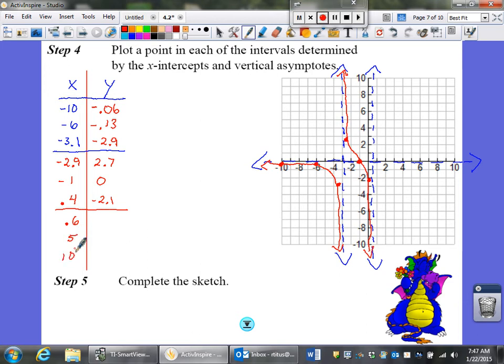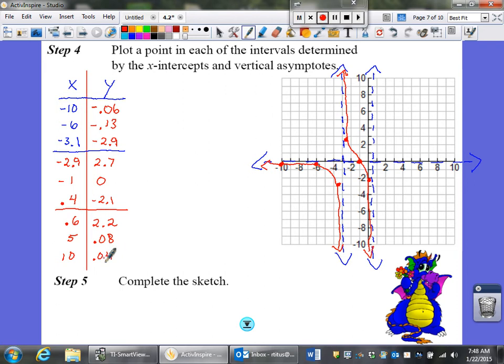I'm going to go back to the calculator again, and 0.6 is about 2.2. 5, little calculator error here, I have to fix that. 5 is about 0.08, and 10 is at 0.04.